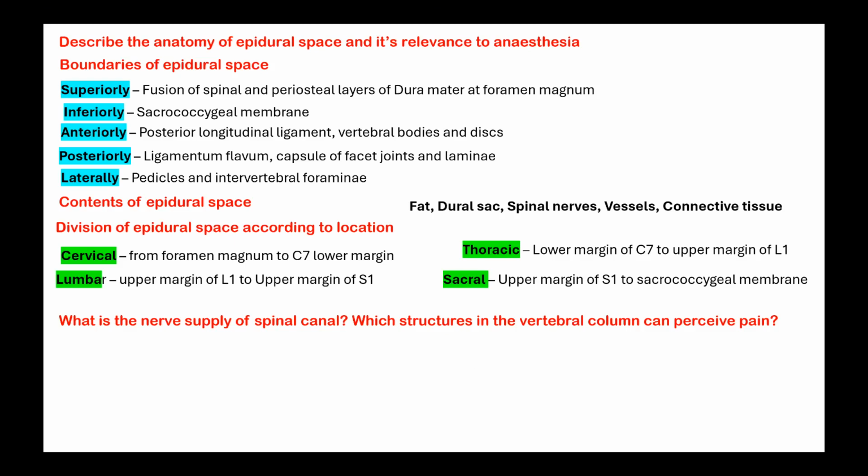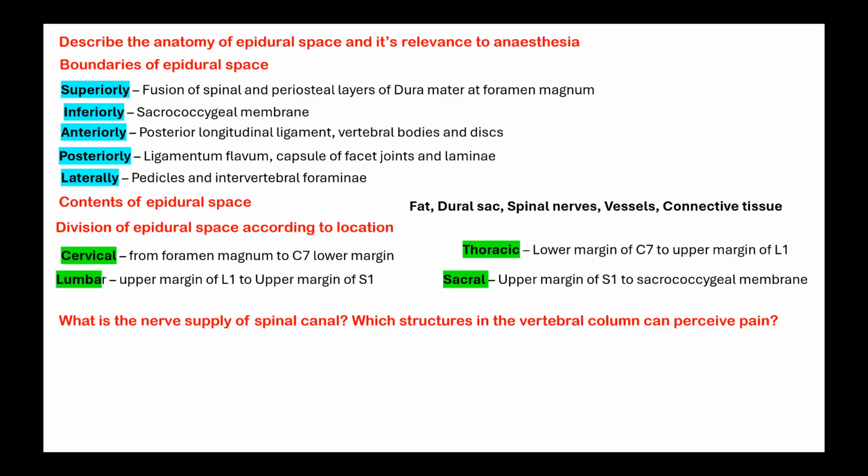When you do a VP shunt insertion under local anesthesia, the three structures which are painful are: one is the skin, second is the periosteum, third is the dura. If you make a burr hole in the bone, it doesn't cause pain, but the periosteum is painful. So you have to inject subperiosteally, then you can easily drill through the bone.